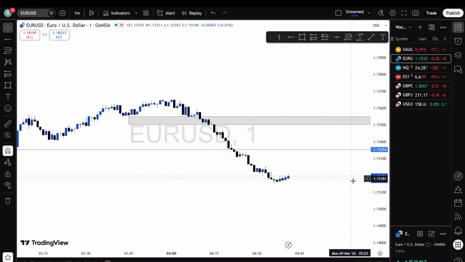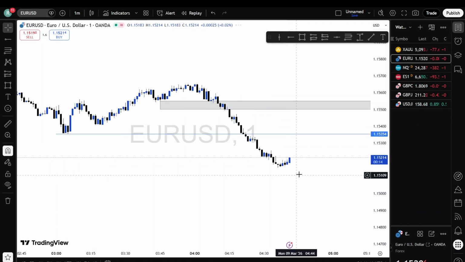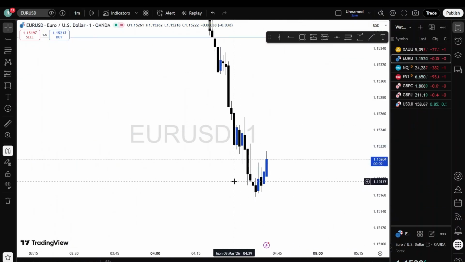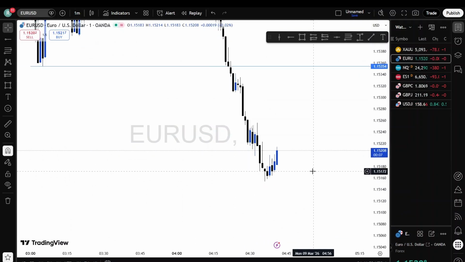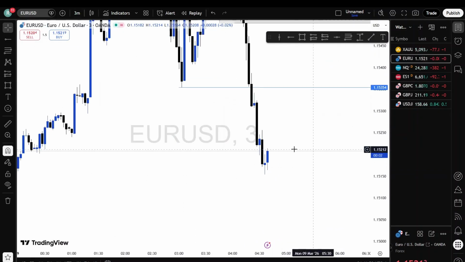Which pair will give us the trade? That's the real question. Most probably it's EURUSD, as I'm seeing. There is no FVG created in 1 minute as well, but it's better to be on the higher probability side.